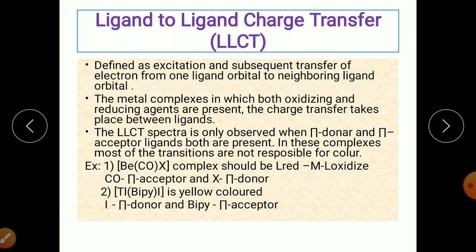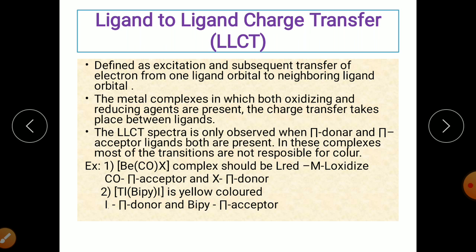In the second case, TL bipyridine I2 is yellow colored because I2 acts as a pi donor and bipyridine acts as a pi acceptor. That is also called inter-ligand charge transfer.